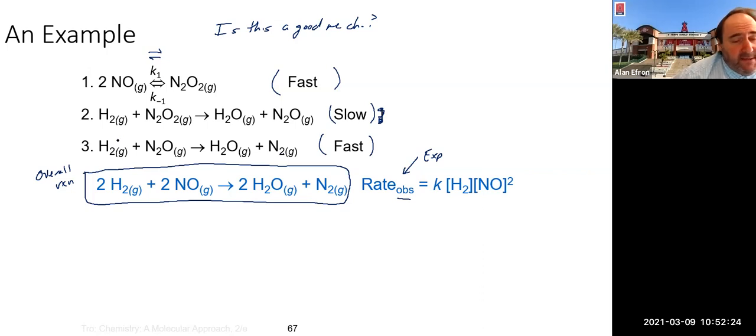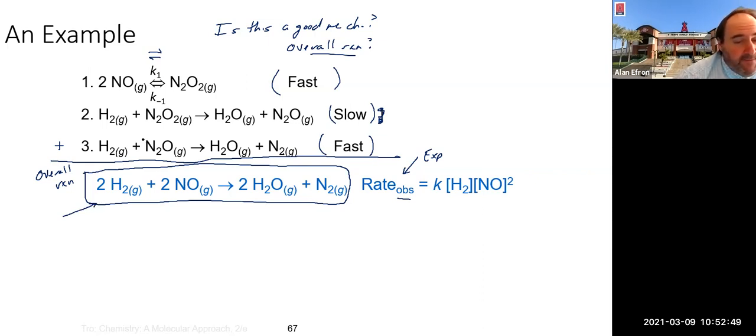So the first thing we want to do to determine that is, do we get the overall reaction when we add up all the steps? So you would add up all these steps and you should hopefully end up with this reaction. So let's take a look if that is the case.